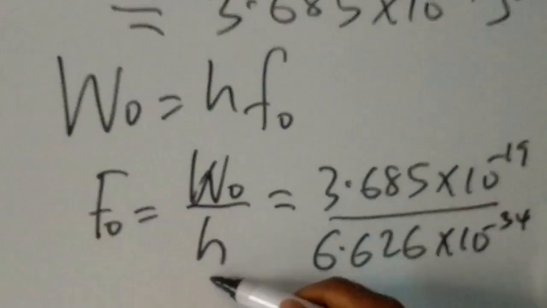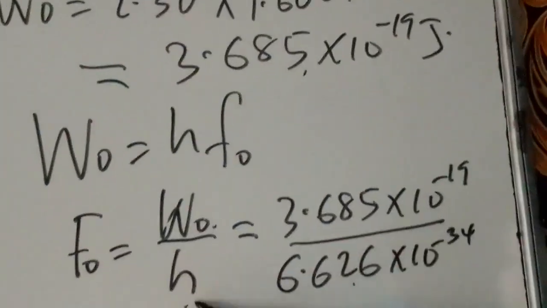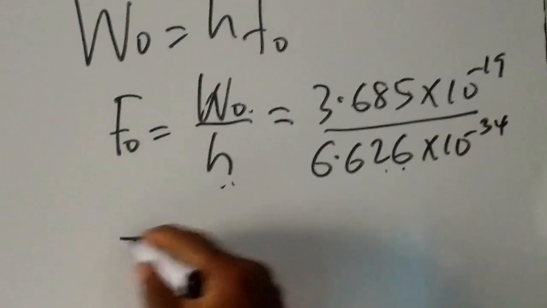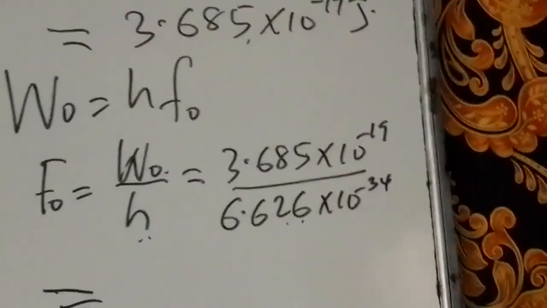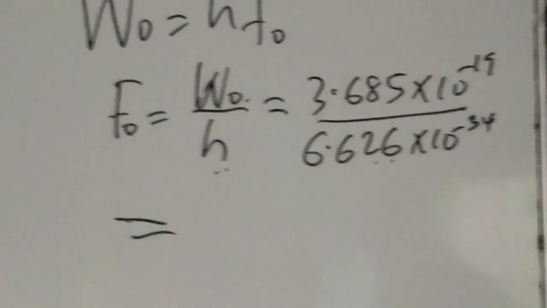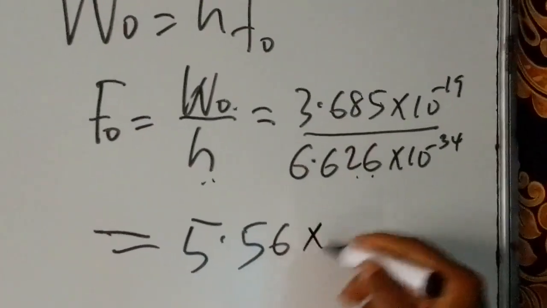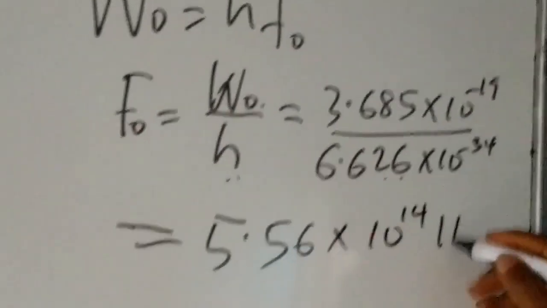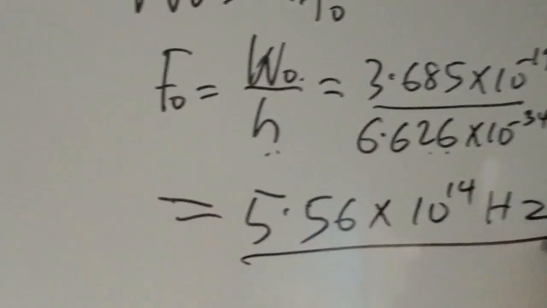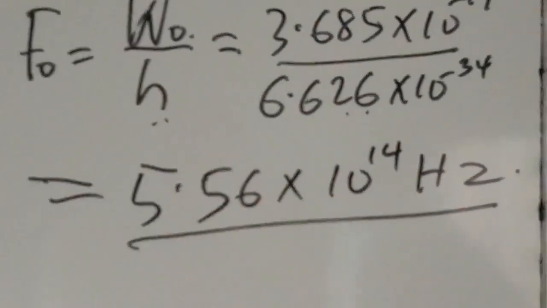Making the substitution and dividing, our threshold frequency is 5.56 × 10^14 Hz. This is the threshold frequency of the incident radiation.